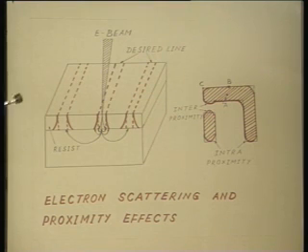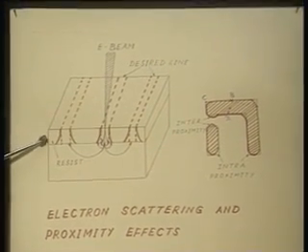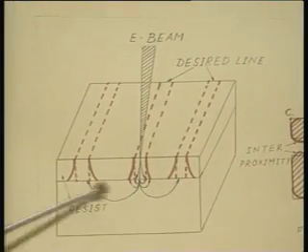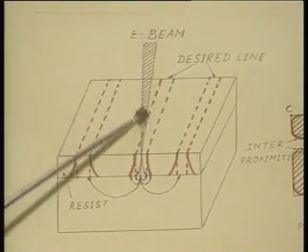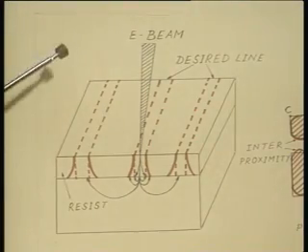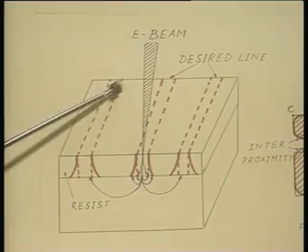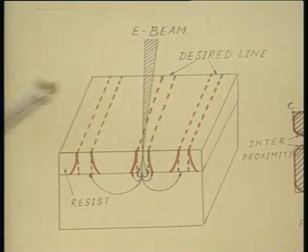In this, we are actually showing a substrate surface which is coated by e-beam resist. This is the focused e-beam on the substrate surface, and the region bounded by the red dashed line shows the pattern that has to be realized on the substrate.